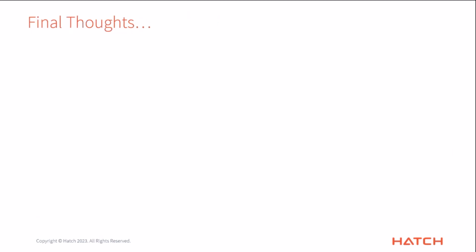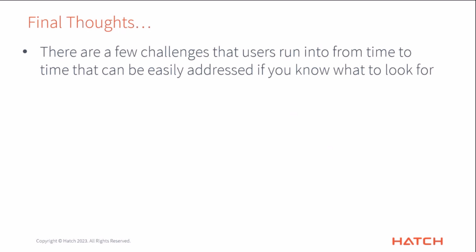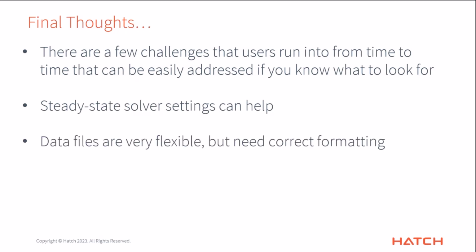Okay, so final thoughts. Basically, this has been a webinar designed to help you with challenges that users run into from time to time. These are all ones that can be easily addressed if you know where to look. The steady state solver settings, as I pointed out, can really help you with convergence.